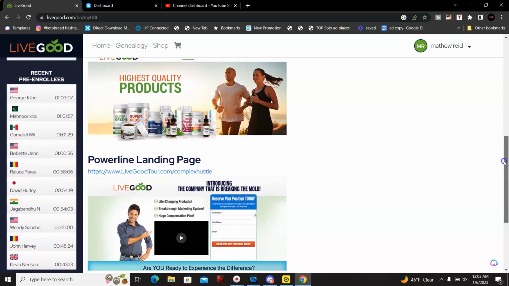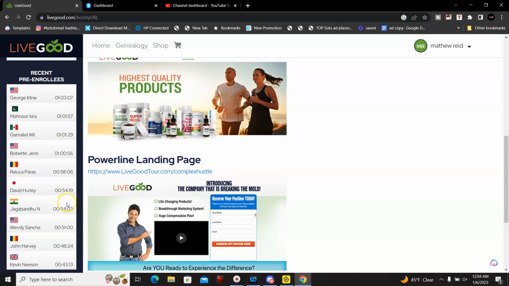Okay. Now here on the far left hand side is where you have your recent pre-enrollees. Okay, so we're literally getting people in every 20 to 30 seconds up to a minute.